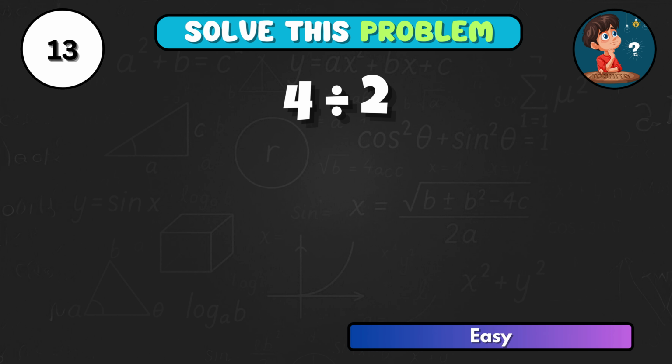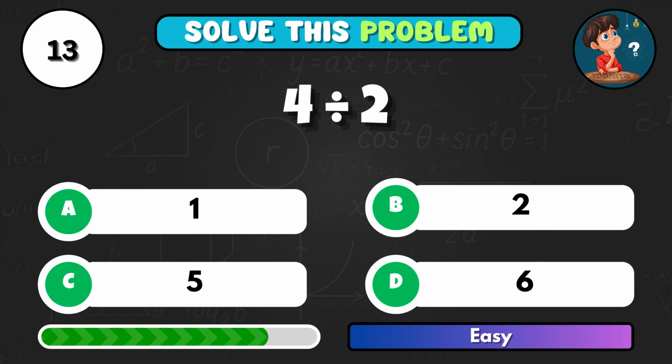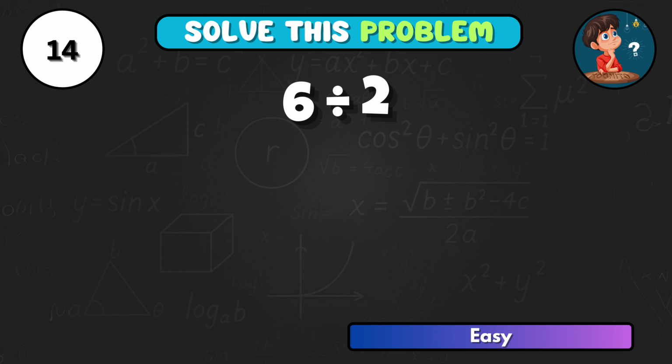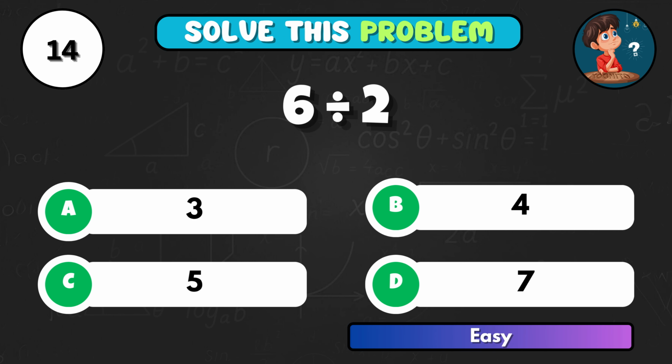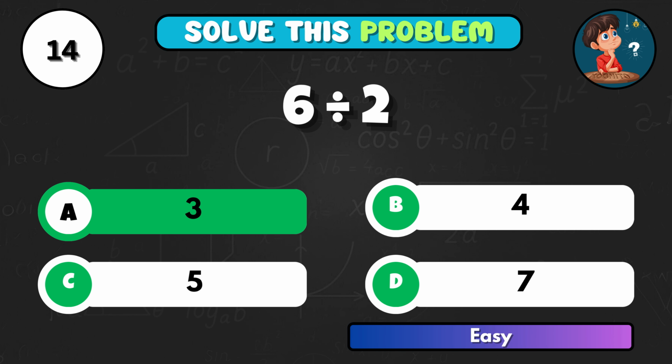What about 4 divided by 2? That works out to B, 2. Next, 6 split by 2 equals. The right answer is A, 3.